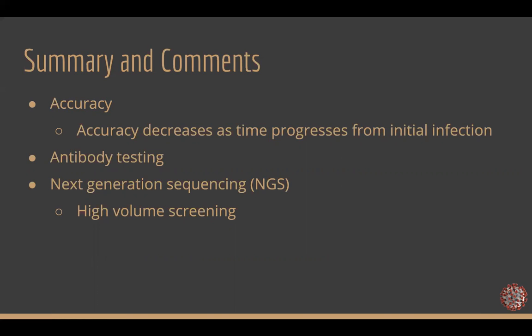There are also other tests out there that are used in conjunction with a PCR test, or also independently, but it actually works much better when it's used in conjunction. And this test is the antibody test. This antibody test will actually detect whether a person had COVID-19 or not.